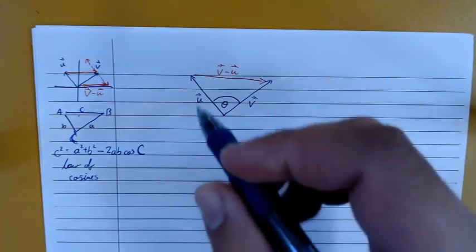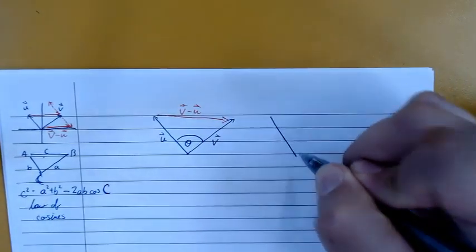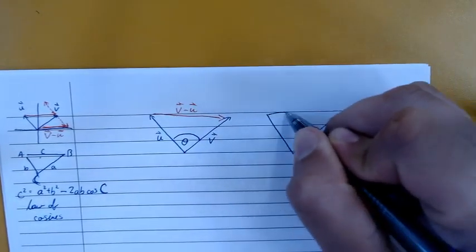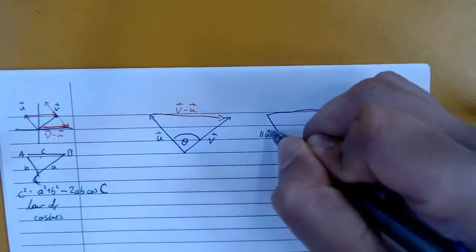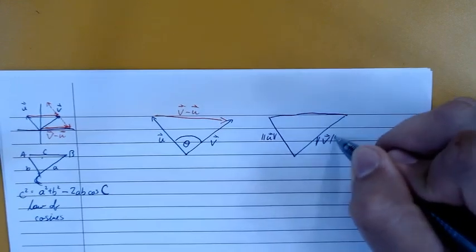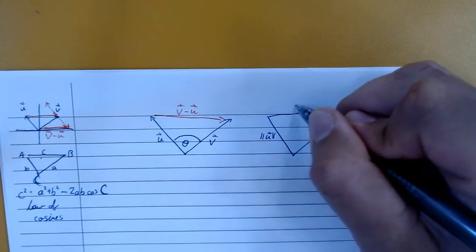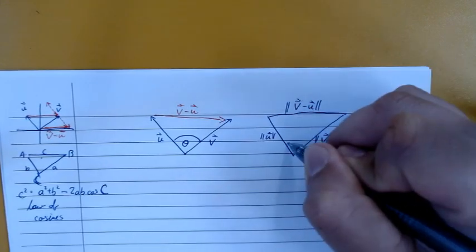Oh, okay, so really, even though this is the vector u, as a triangle, it's a triangle that looks like this. This side length is the magnitude of u. This side length is the magnitude of v. And this top side length is the magnitude of the difference of u and v. And that's the angle theta.